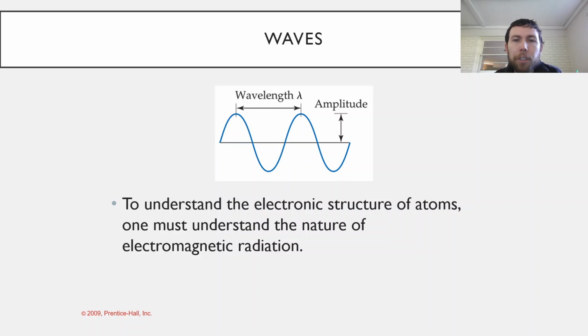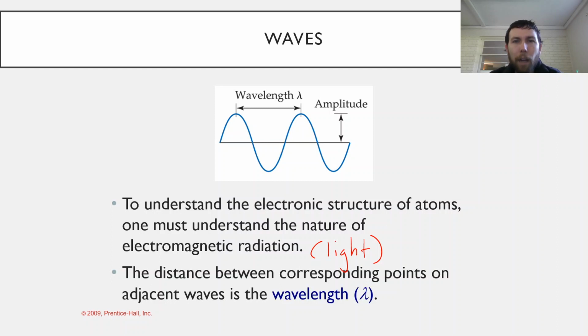To understand electron configuration, we need to understand the nature of electromagnetic radiation. Remember, electromagnetic radiation is just a fancy way of saying we're dealing with light, so the terms can be used interchangeably here. So let's dive in.